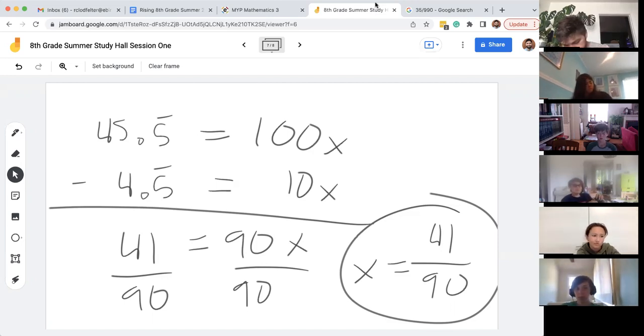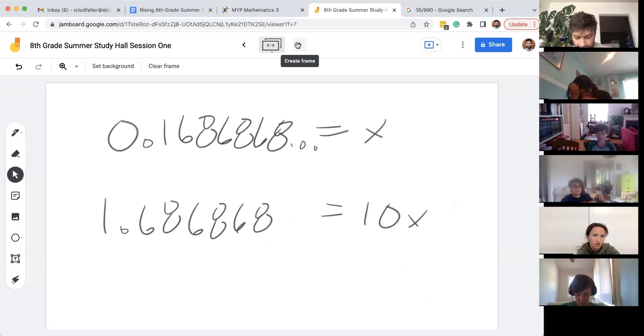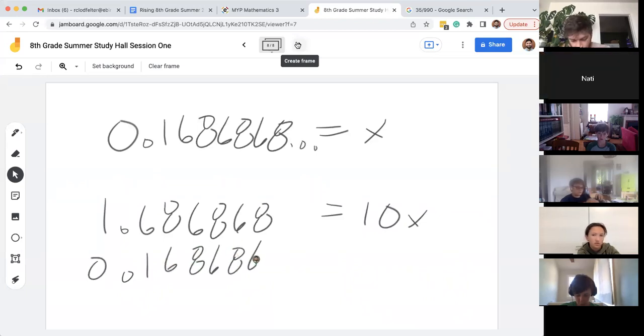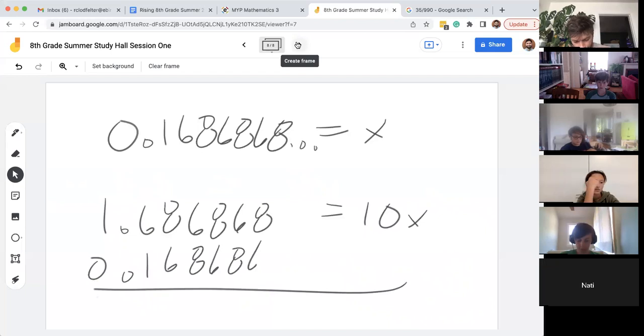Now if I subtract the smaller one from the bigger one, I would get 0.522222 repeating forever, which doesn't get me anything. I'm just back where I started.